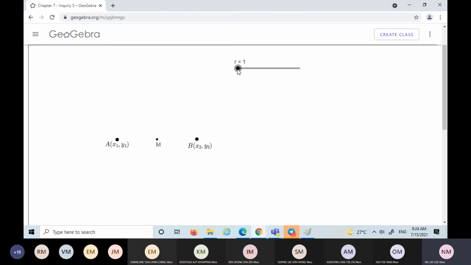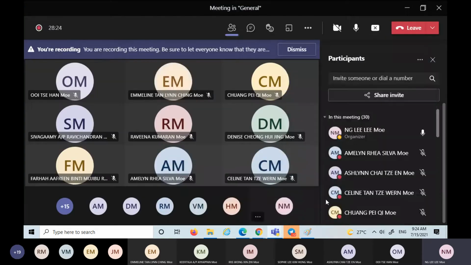Anyone want to try? What is the locus that you will get, or what shape? You have learned this during your Form 3. I repeat, the moving point has equal distance from 2 fixed points. Come on, you can type.